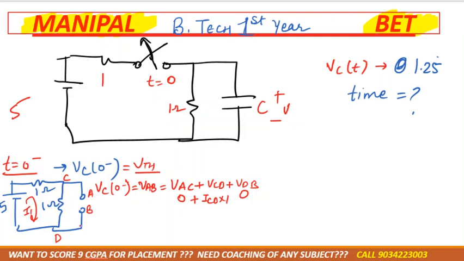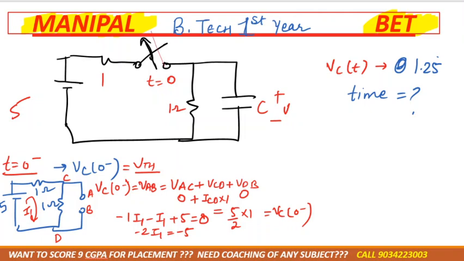Mesh I1 can be written as minus 1 I1 plus 5 is equal to... minus 2 I1 is equal to minus 5, so I1 is how much? 5 by 2 into 1, that is equal to 5 by 2. This is our first step.